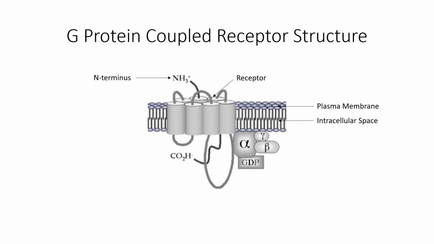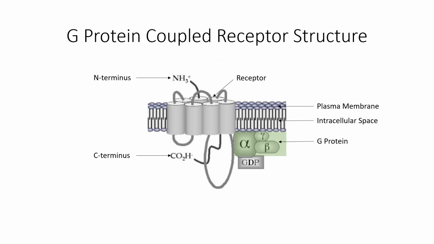On the receptor, we have what's called an N-terminus, which is an amine that starts the amino acid sequence in the receptors. Conversely, we have a C-terminus, which is always a carboxylic acid, which ends the amino acid sequence in the receptors.